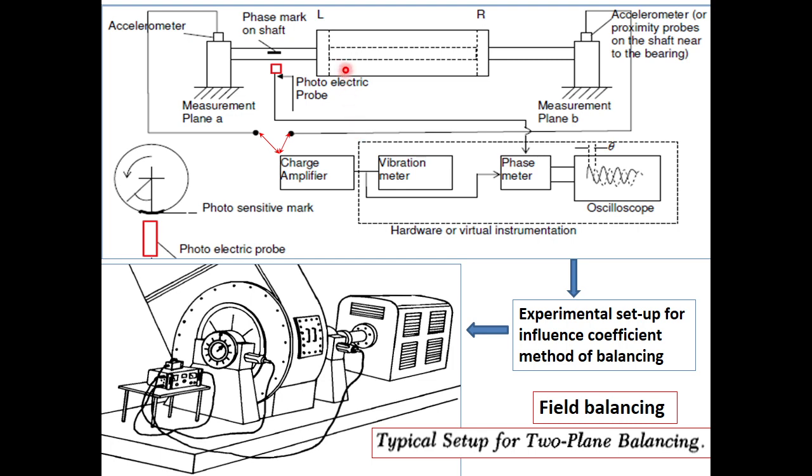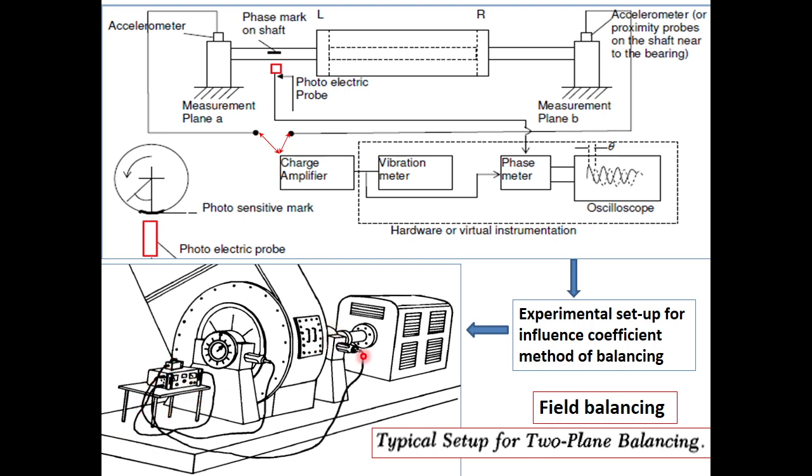Say this is the schematic diagram corresponding to this. This is the rotor, with some bearings, and some measurement is done. Where is the measurement done? Measurement planes A and B are actually the bearing locations. Here also, this is the vibration sensor. This is the vibration indicator.